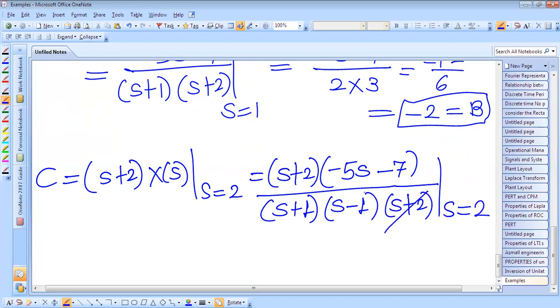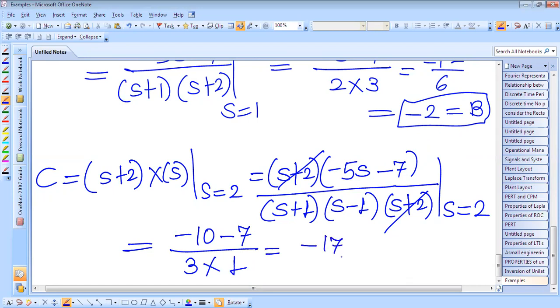So this s plus 2 is cancelled here, and if you substitute now in the remaining terms s is equal to 2, this is minus 10 minus 7 divided by 3 and 1, so it is minus 17 by 3.